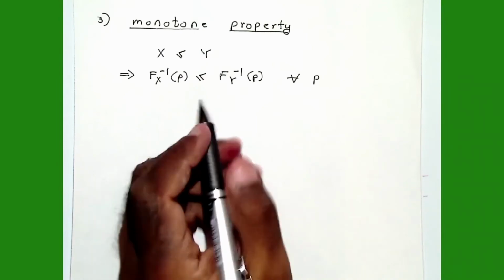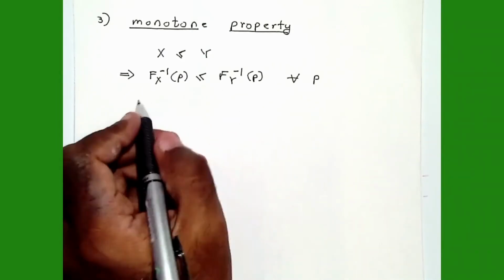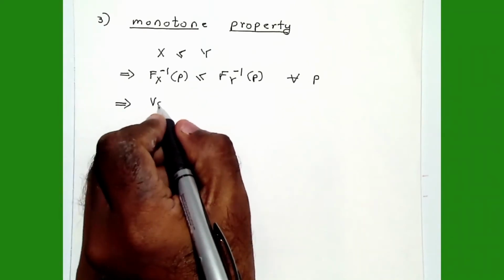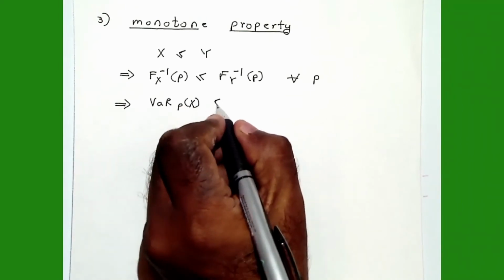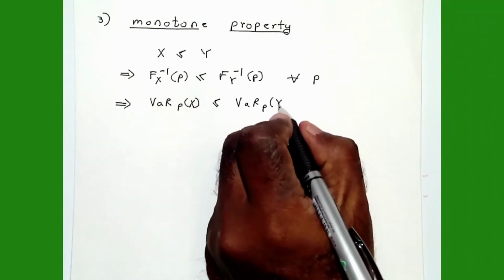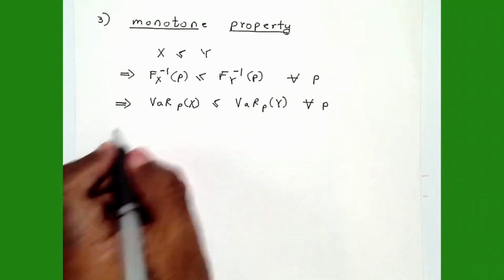That's true by the definition of inverse CDFs. So hence the VaR of X must be less than or equal to VaR of Y for all P. Hence the property holds.